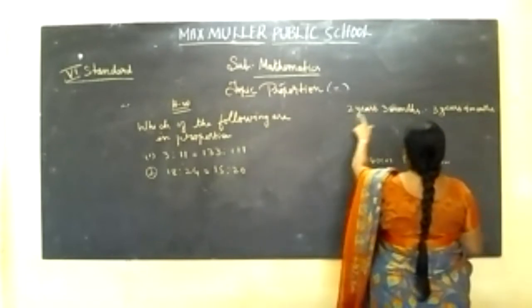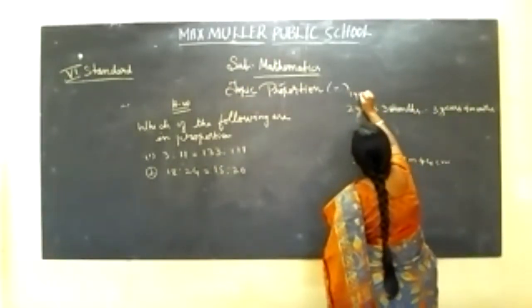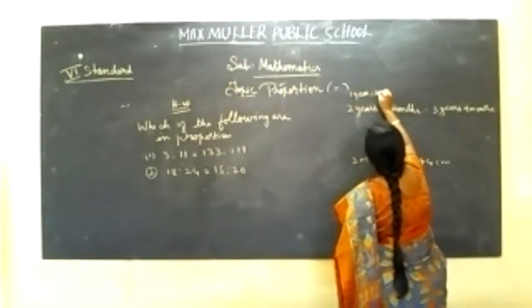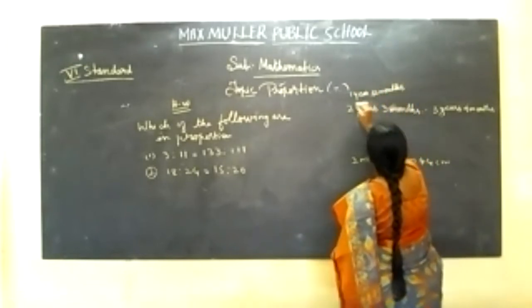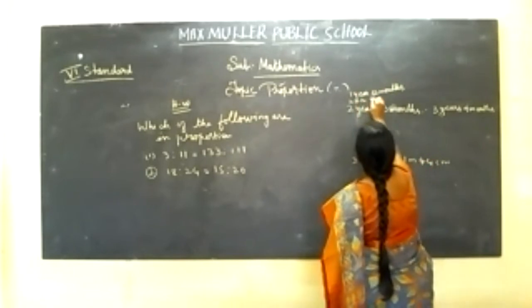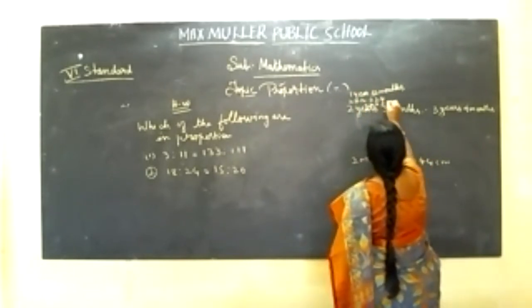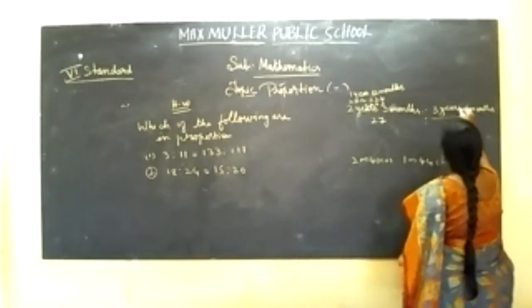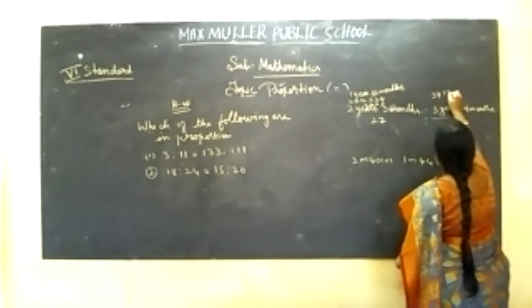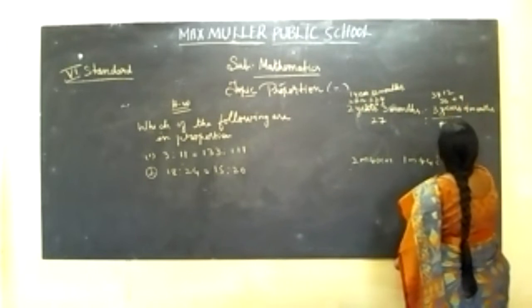Here 2 years 3 months. 2 years means what? 1 year equal to 12 months. So 2 years is equal to 2 into 12 gives 24. So here 24 plus 3 equal to how much did you get? 27 is to 3 years, which means 3 into 12 gives 36, plus 9 gives 45.